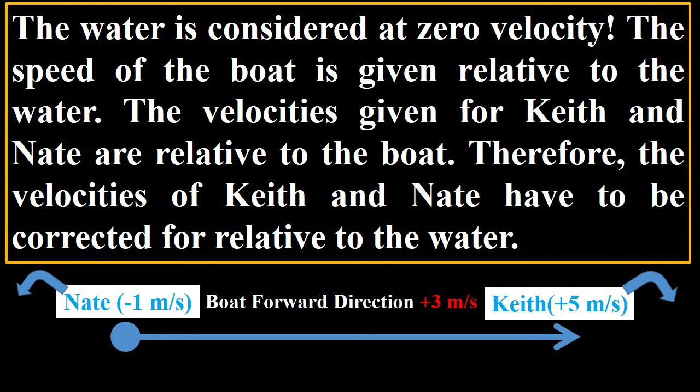Nate is minus 4 plus 3, which is negative 1, and Keith is plus 2, but the boat is going plus 3, so he's going off at plus 5. So it's very important that Nate, Keith, and the boat are all relative to the water.